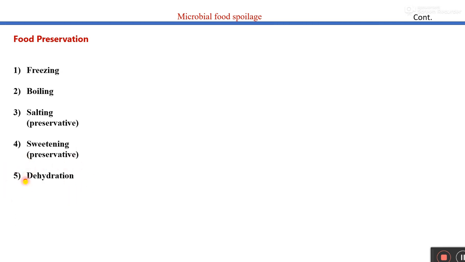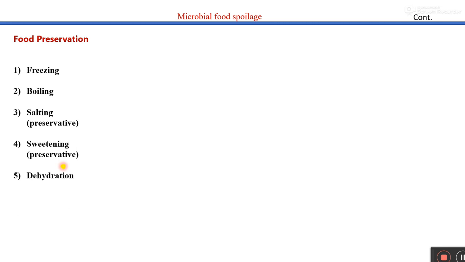Dehydration of food is also a very useful way to prevent our food product from microbial food spoilage. The most important example is the production of different kinds of dry fruit.